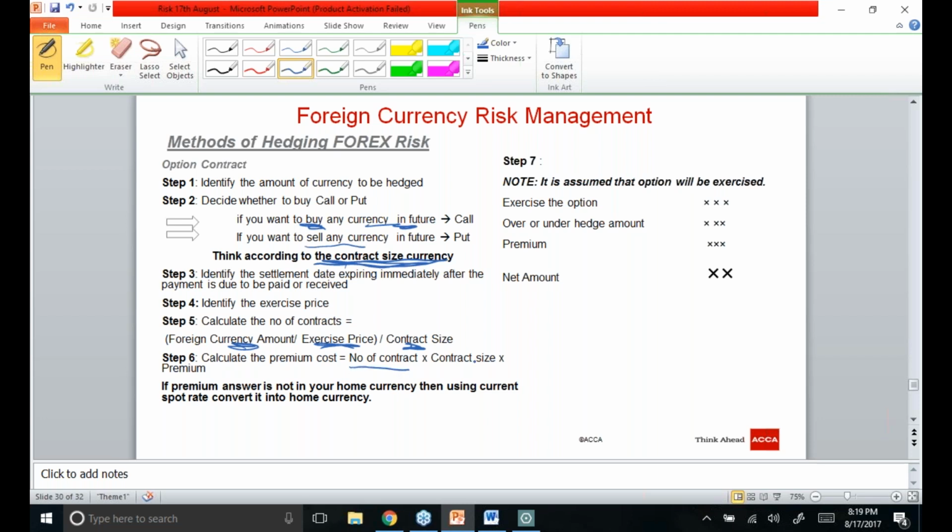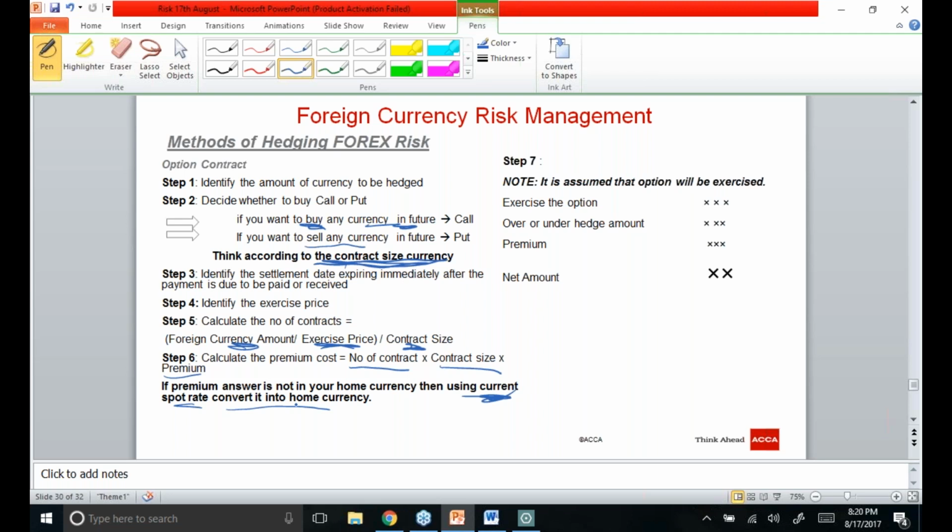That is number of contracts times contract size times premium. And if the premium answer is not in your home currency, then using the current spot rate, convert it into the home currency. Why are we using the current spot rate? Because you have to pay the premium upfront.